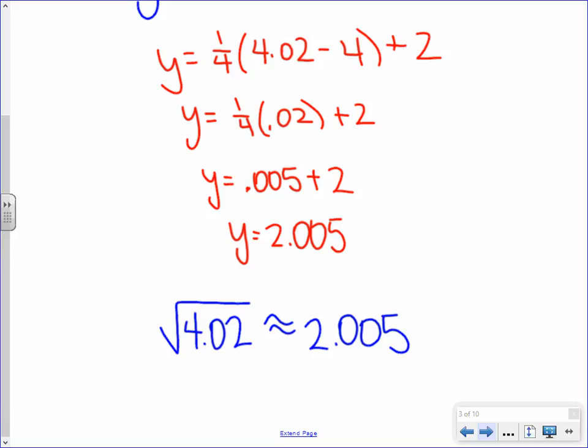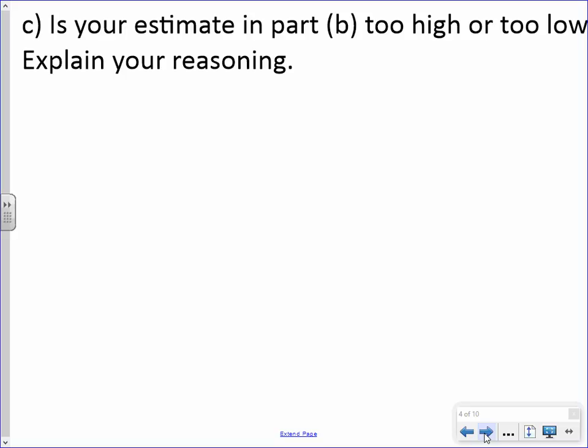Okay, now let's think about the picture here. Well, how about this? Before I draw it up here, I'd like you to have a 30-second conversation with your pod. Do you think this estimate is too high or too low?